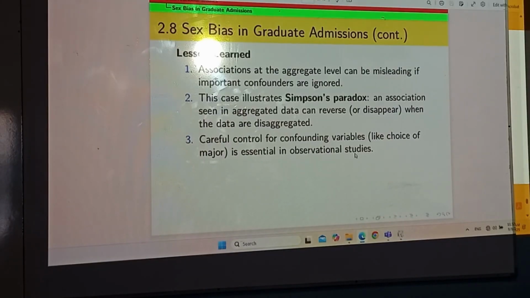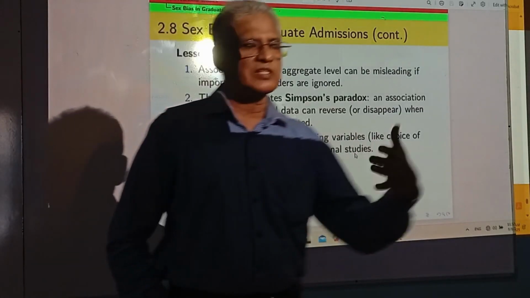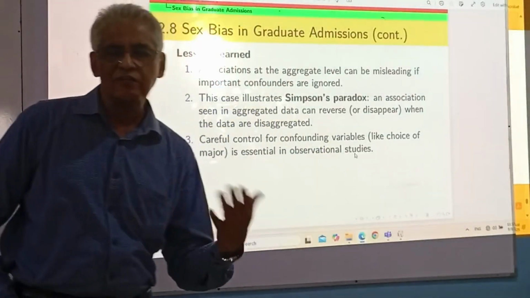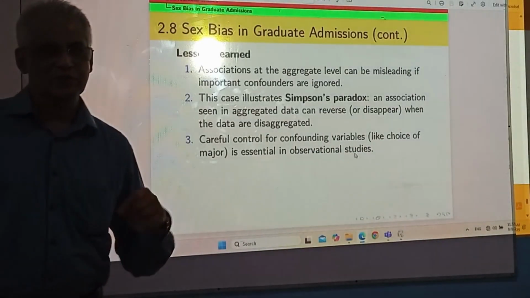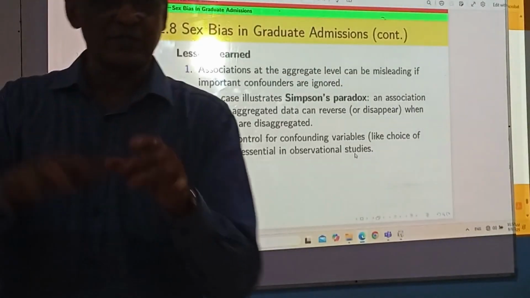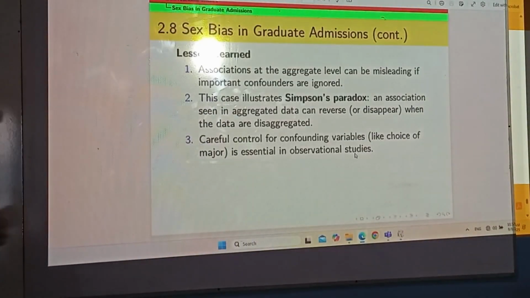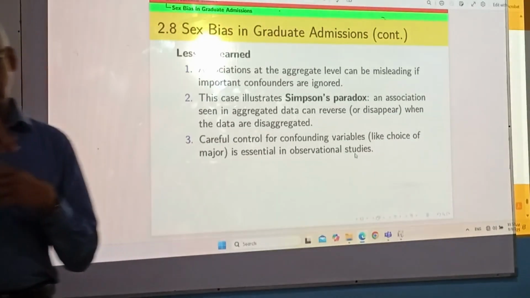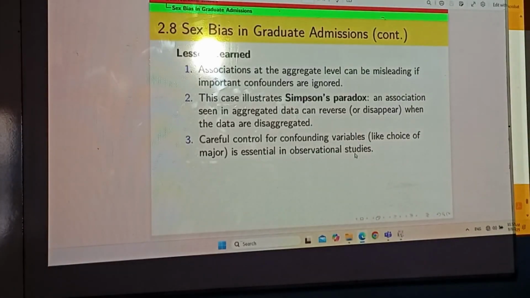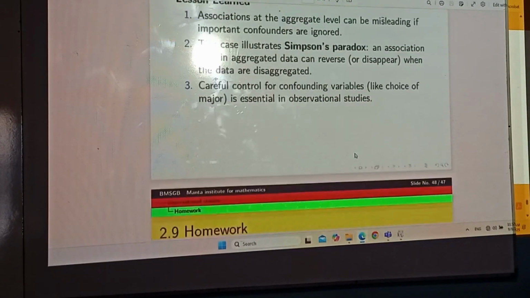In this case, the confounding variable was the selection of the department. Men were selecting the departments which are easy to get into, so most people are going into those ones. Therefore, in those departments, the number of females was less, and that contributed to a smaller percentage overall for females.